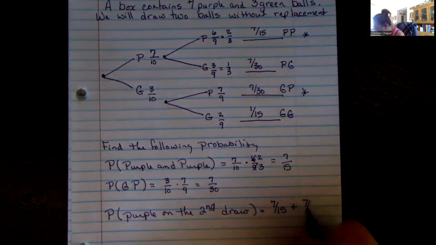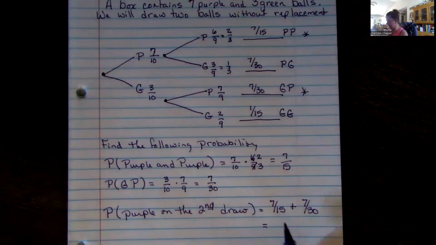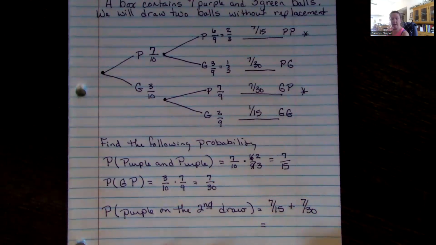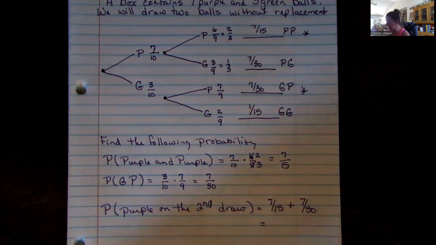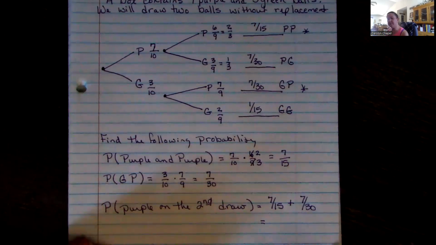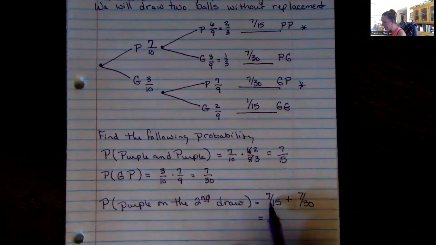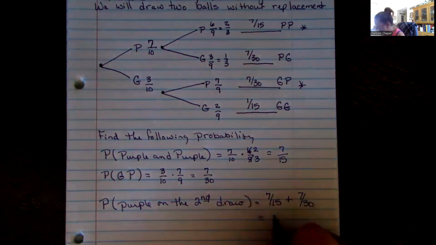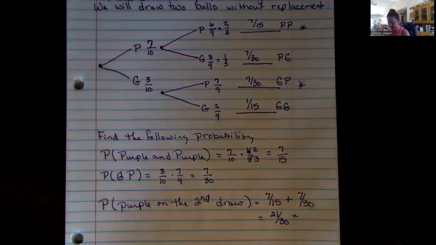Plus 7 out of 30, which would be, if I can do this in my head, because to add fractions, we need that common denominator, or grab our calculator to help us, or go to decimals. I like to stay with fractions just to force the issue of fractions. But this would be 14, so 21 out of 30, which does reduce.